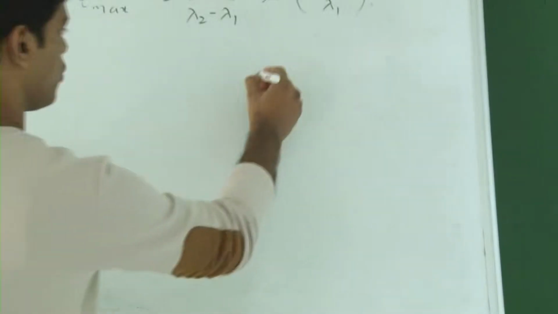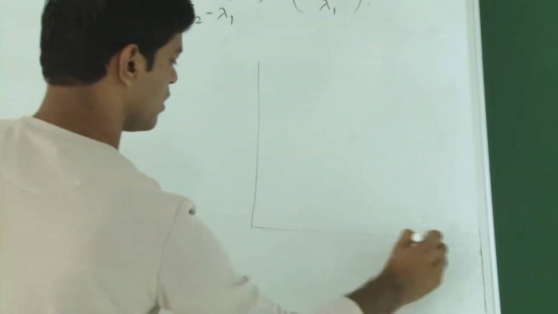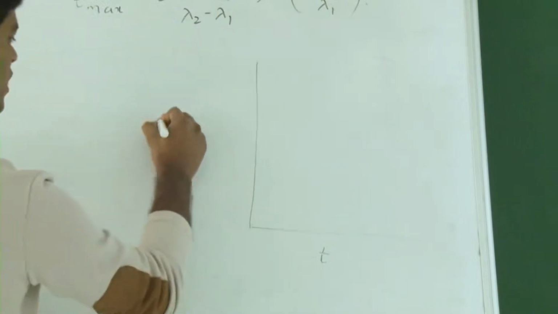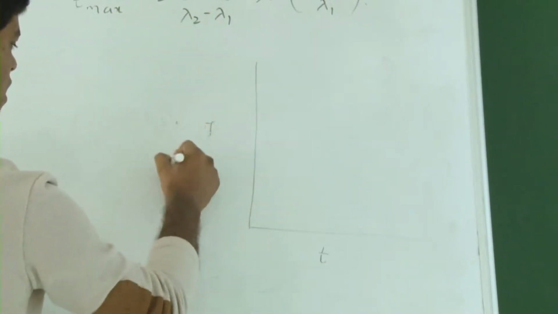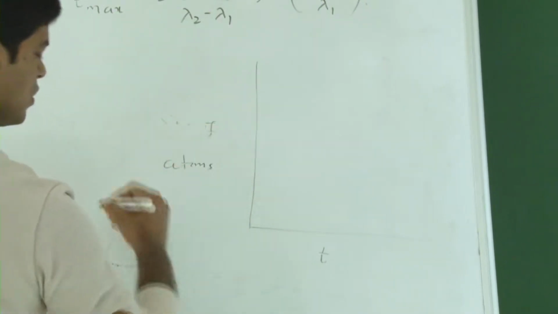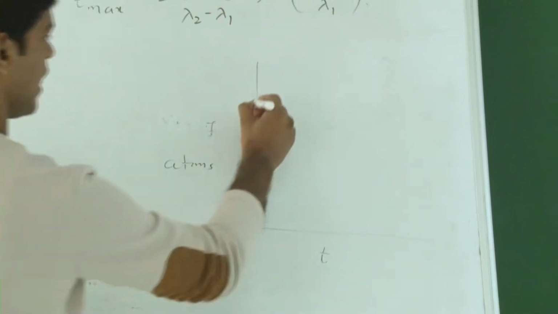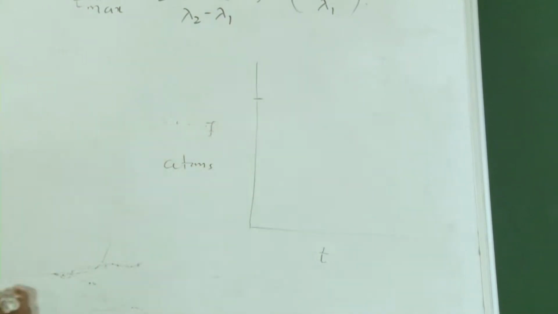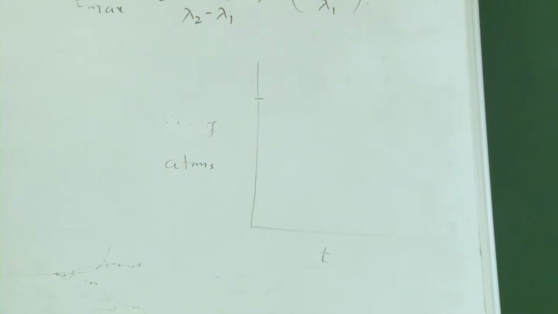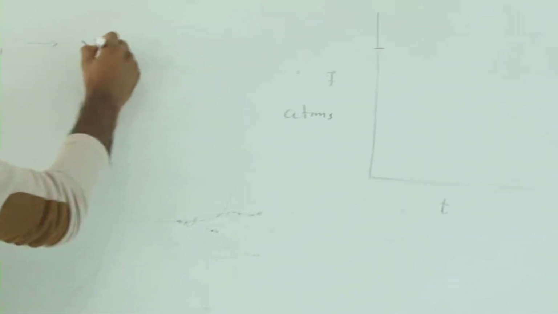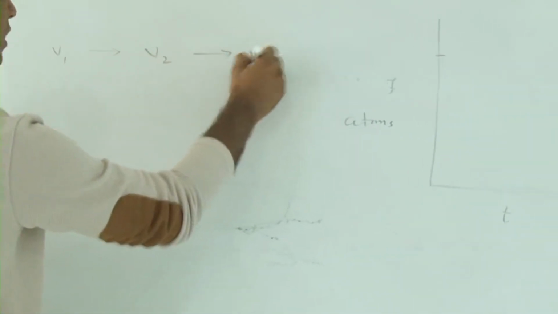Now, if we try to plot how the number of atoms varies with time, what we are discussing is basically N1 decays to N2, that decays to N3.